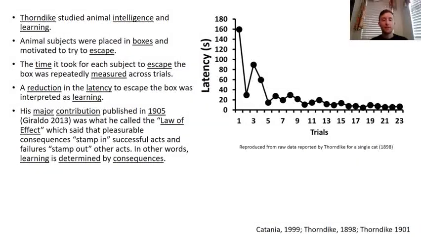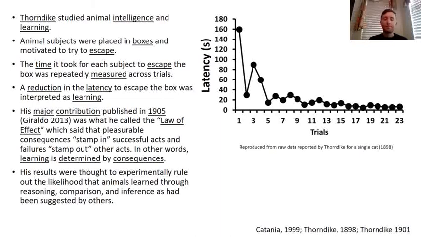And Catania in 1999 wrote that some of Thorndike's writing in 1901 seemed to suggest that he believed that he discovered a fundamental learning process consisting of the selection of successful acts by consequences. And later in this unit we're going to talk about operant selection, how the events in the environment select certain variations in behavior to increase or decrease in probability in the future.